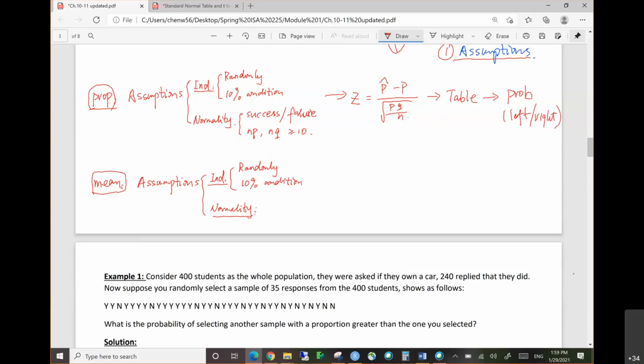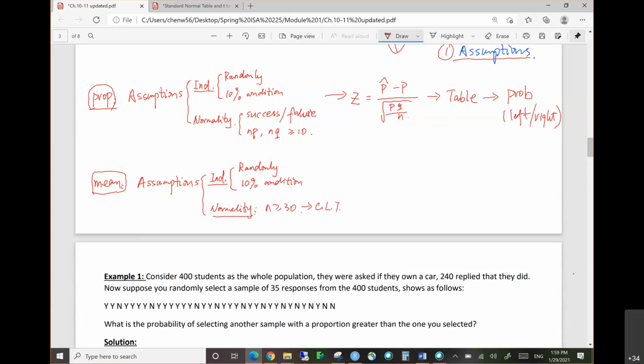N is greater than or equal to 30. Perfect. Good. Thank you. So if n is larger than or equal to 30, that means we can apply the central limit theorem to say it is normal.